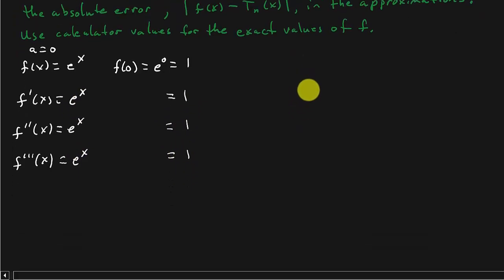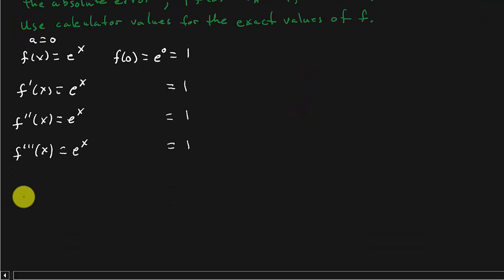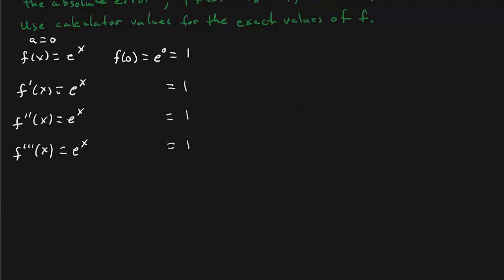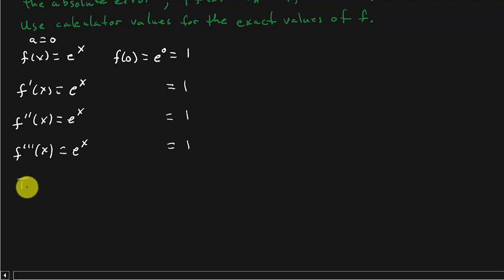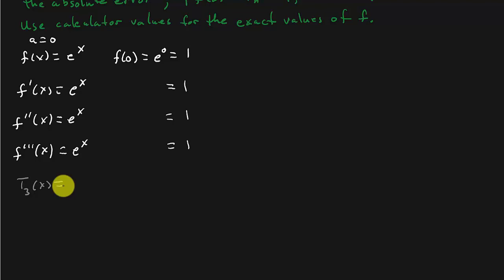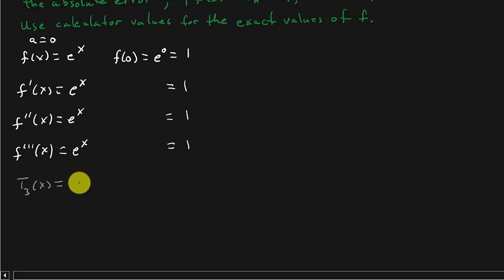All right, so let's write down our formula. And I understand you may not need to write all these formulas down every time, but I think it helps to write the formula down, see what you're trying to find, and then you know exactly what you need to plug in.